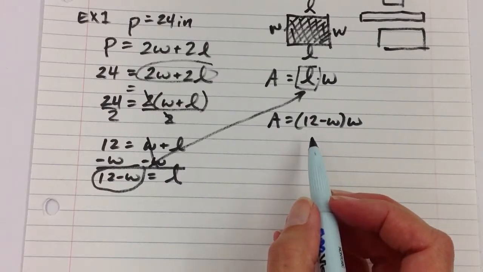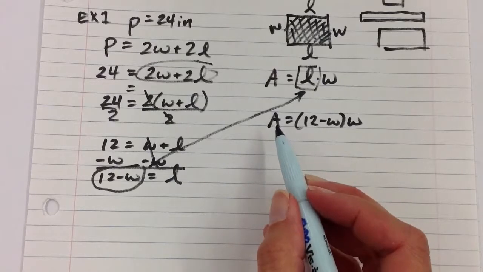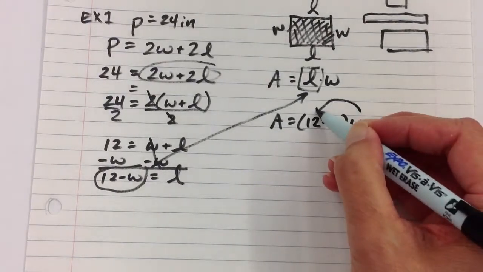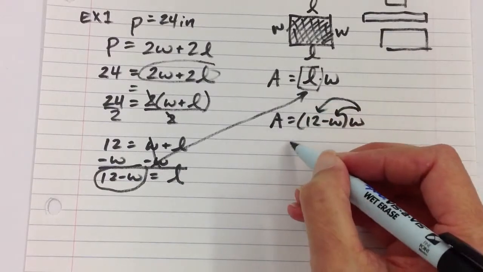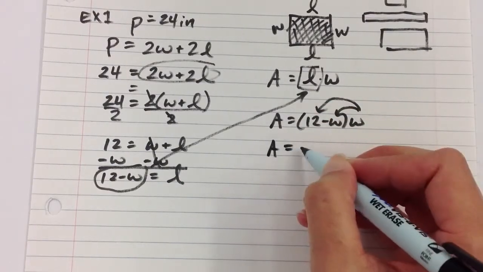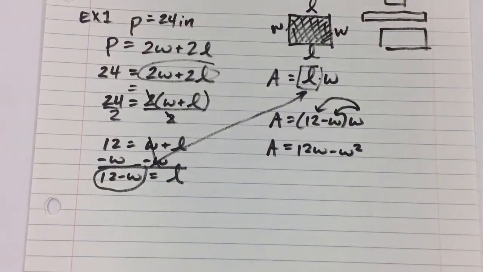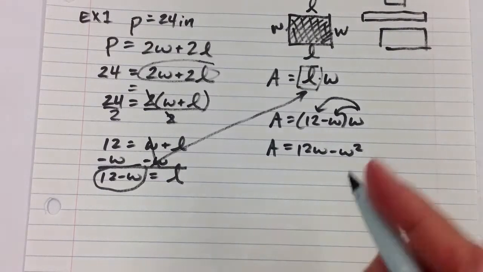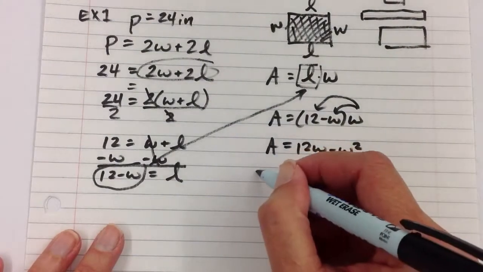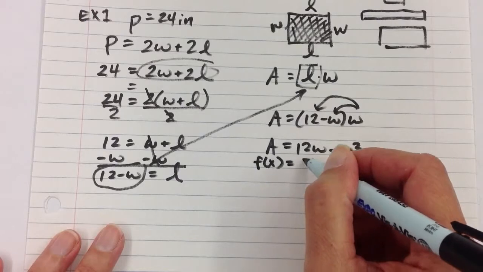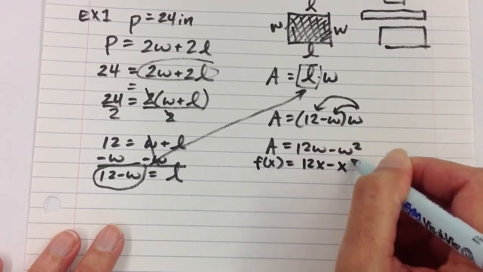Our function is in terms of W, but usually we have a Y and we have an X. So let's go ahead and multiply this out, distribute it to simplify it, and we get area equals 12W minus W squared. Like I said, this is just a function. Normally we have a function like f of x is equal to, this is just 12x minus x squared.